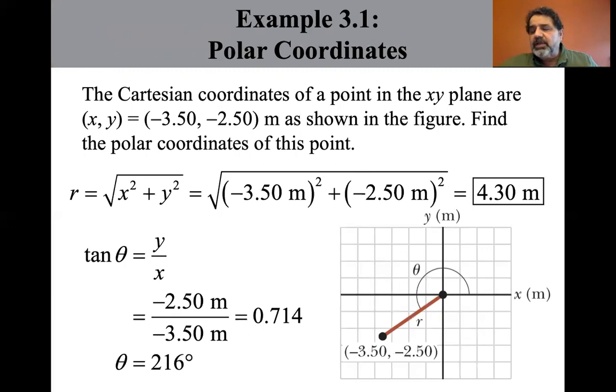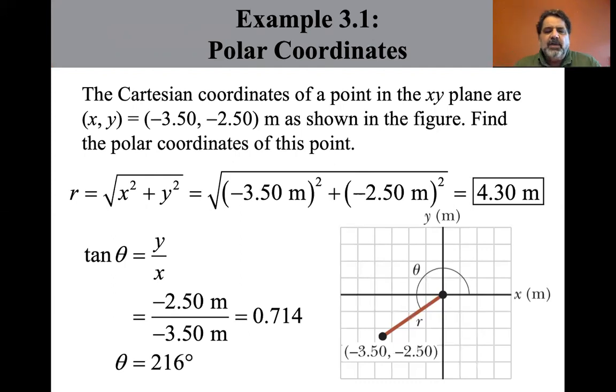So if you just enter it into your calculator as the tangent inverse, tan minus 1 is typically what you have on your calculators, of minus 2.5 over minus 3.5, you're going to get 35.5 degrees. But that's going to be wrong. That's 180 degrees out.